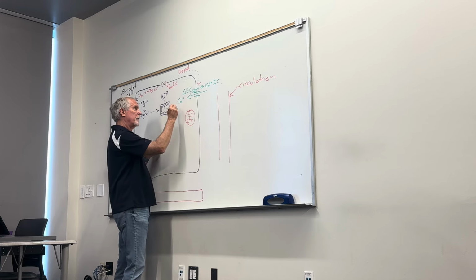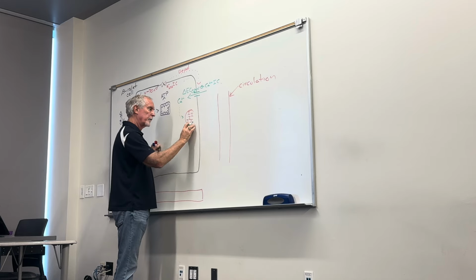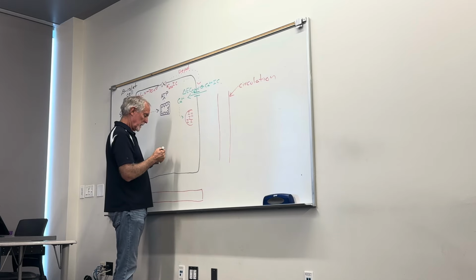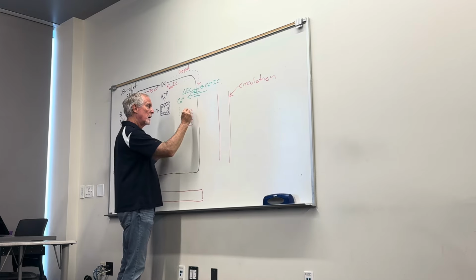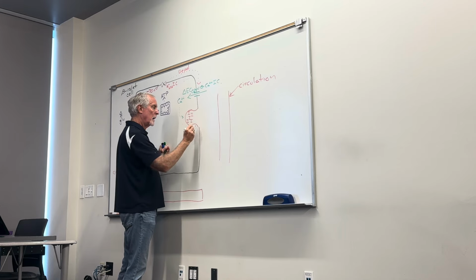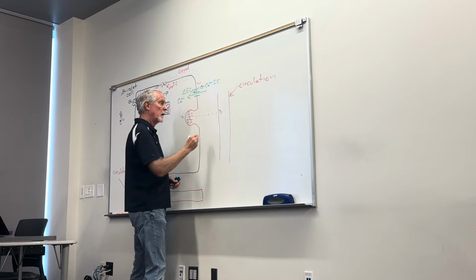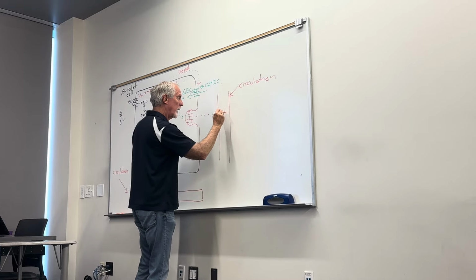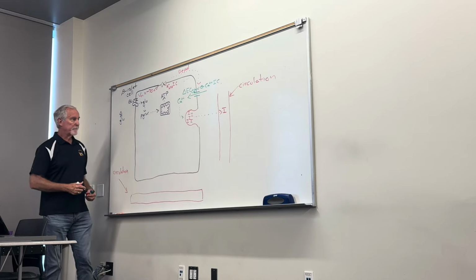So there's this common theme: somehow calcium acts as a trigger that causes vesicles to fuse with the membrane of the cell. And in this case, we've got insulin being secreted and taken up into the circulatory system and then transported throughout the body.